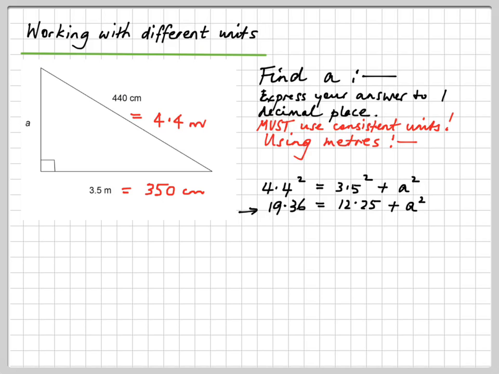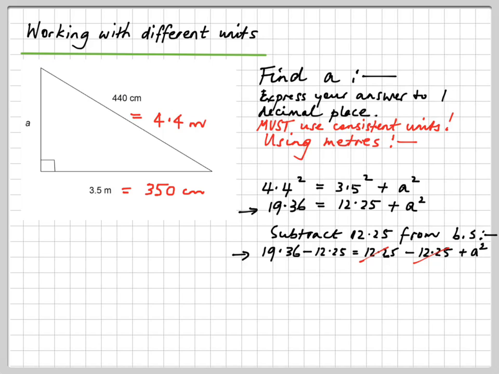Now, do you know what to do? We have to make a the subject of this equation. So therefore, what do we need to eliminate from the a side? Yes, the 12.25 doesn't belong because we want a on his own. So we're going to subtract that from both sides. Okay? Let's do that.